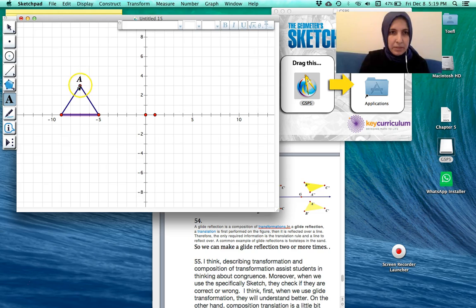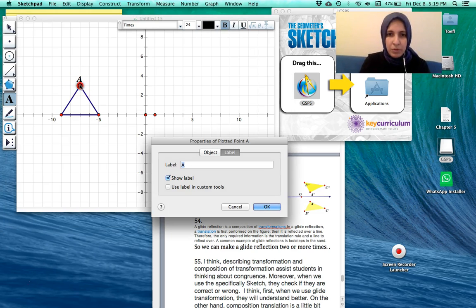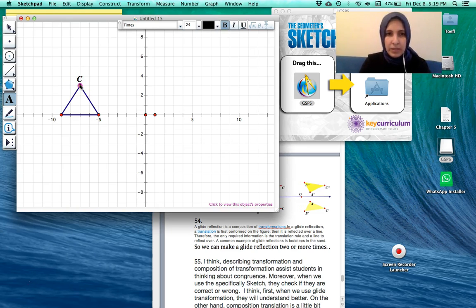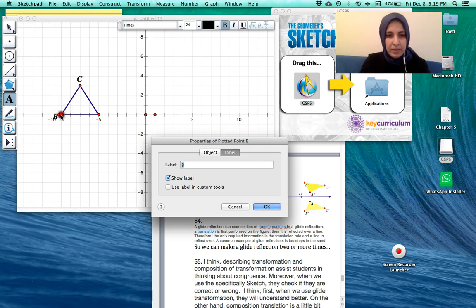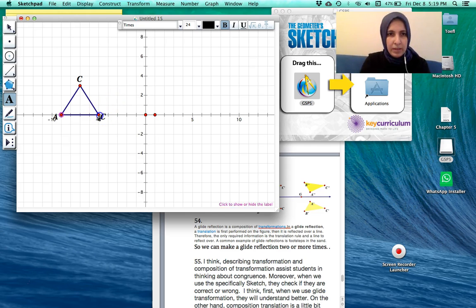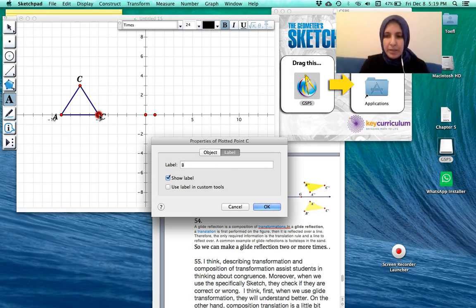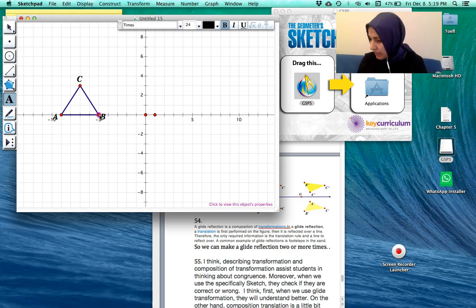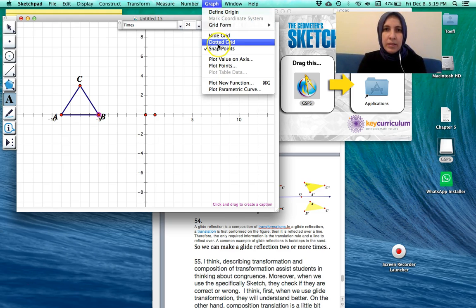Now this must be C from the book, then A and B. Yes, and then I need the line DE, so I need the snap point again.